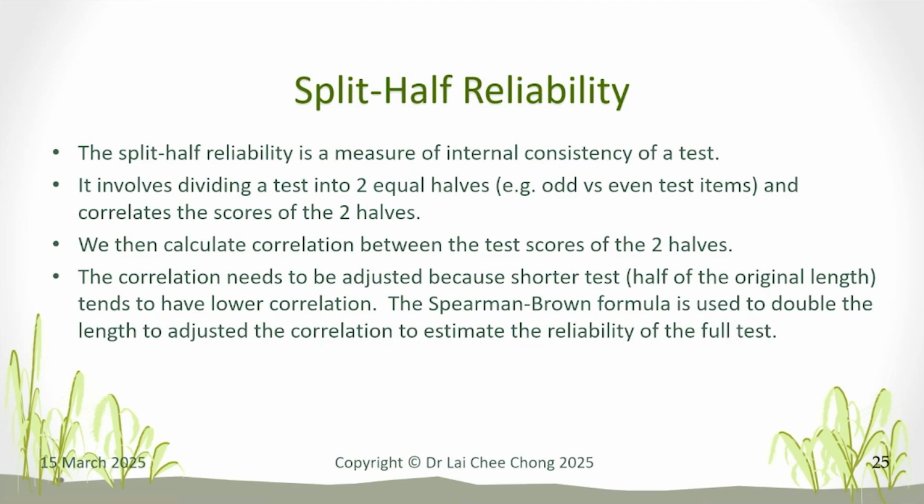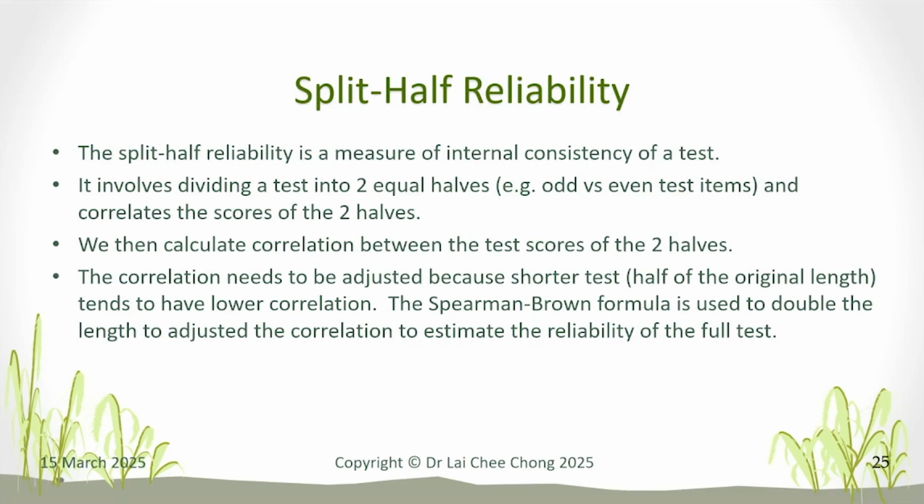So what you do is that you need to adjust it. And how to adjust it? Because usually these correlations tend to be a bit lower, not as high. So because we need to adjust it, we use another formula to raise it up. We use what we call the Spearman-Brown formula. That's the one we use, okay? To double the length.